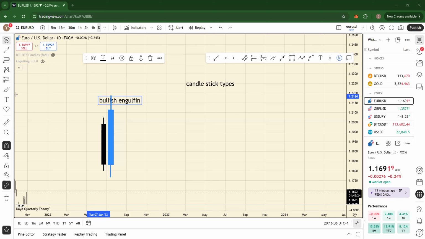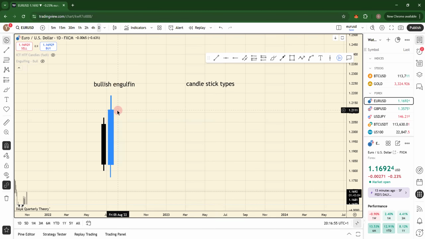So if a bearish candle opens up and then closes down, the next one has to open down. If this one opens down and trades down, good. But if it opens down and trades back up to close above this previous one, it's now what we call a bullish engulfing.